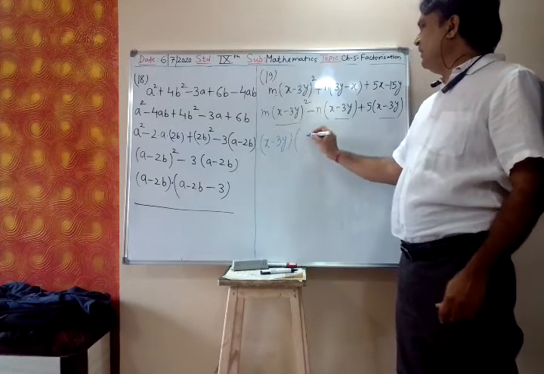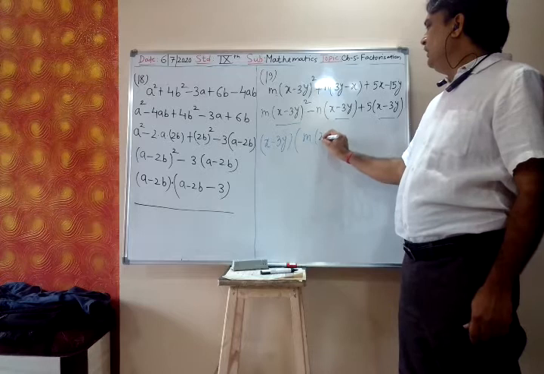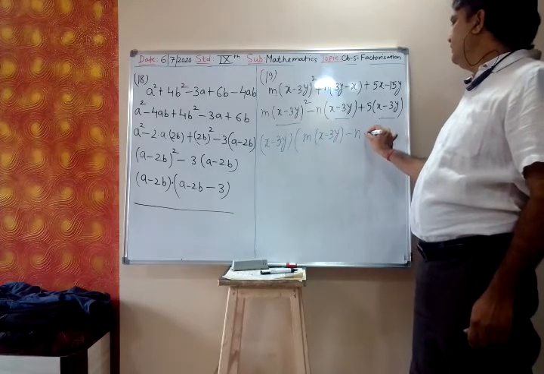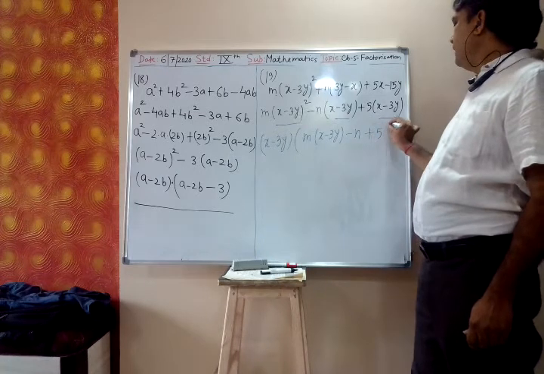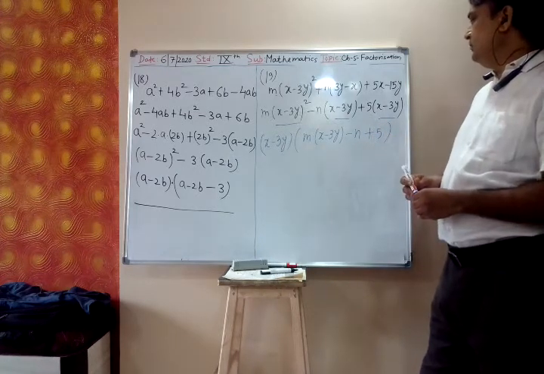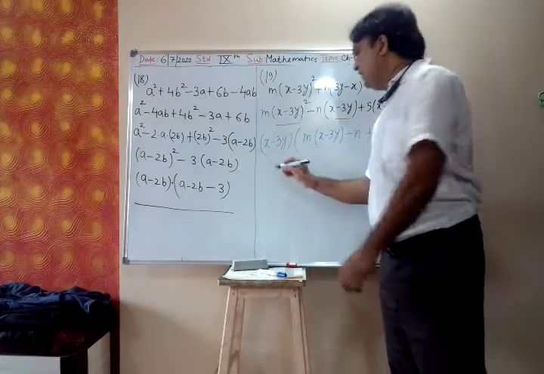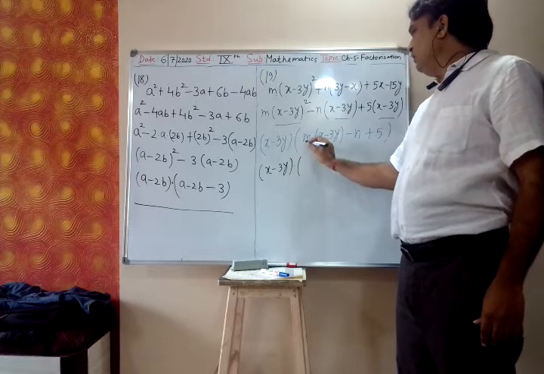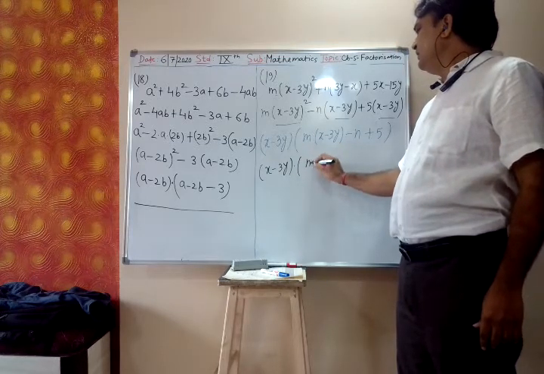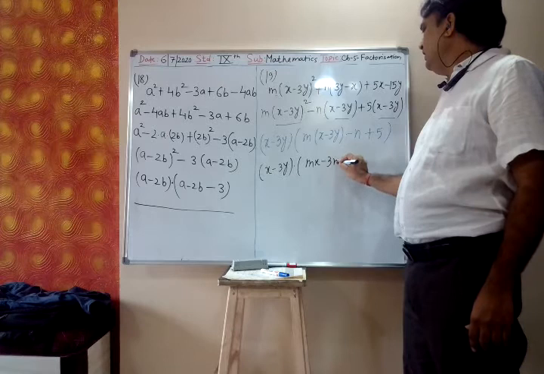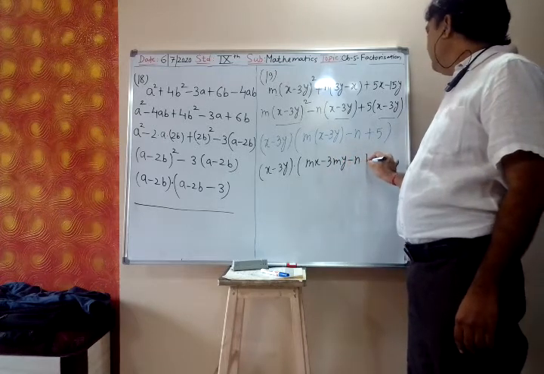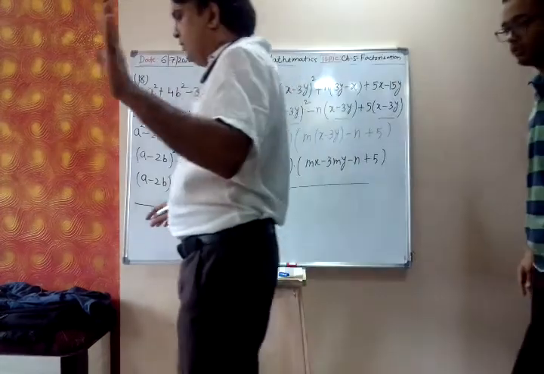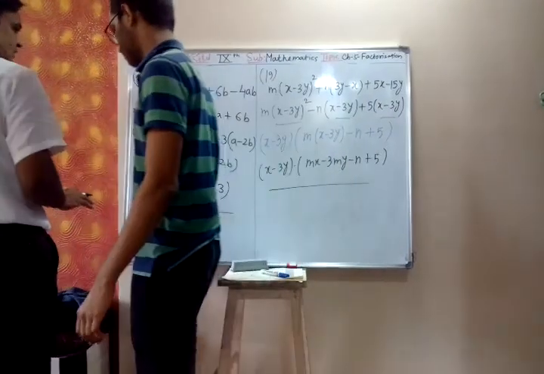Then what is left in the bracket? M into x minus 3y is left, minus n plus 5. Further we can write one more step: if you want, open the bracket, x minus 3y into mx minus 3my minus n plus 5. Even if you don't open the bracket, it does not matter. This is the answer.